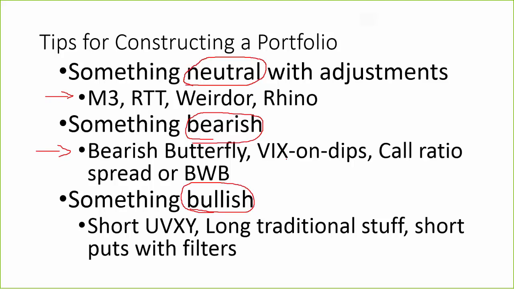A couple that aren't really discussed, VIX on dips, so that's something that I've done for a while in small size that I'm going to be adding, is buying VIX calls when the VIX is in lower range. So if you apply Bollinger Bands, Keltner channels of all different time frames, the further we are in the lower end of those channels, adding VIX calls, in the money, out of the money, at the money, they all seem to do well.